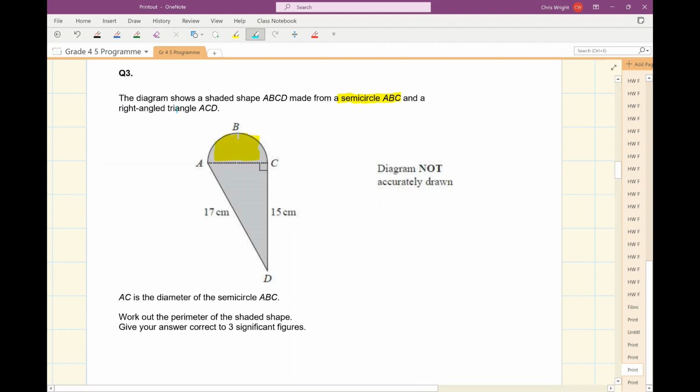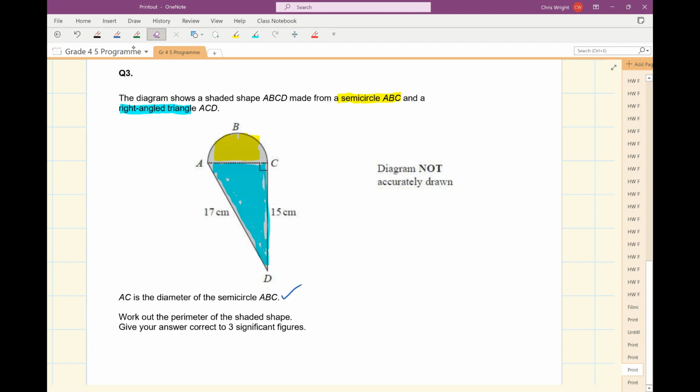And a right angle triangle. Here's the right angle triangle. Now, what does it say next? AC, that's this line, is the diameter of the semicircle. Yeah, well, it looks like the diameter, doesn't it? So that's good. Work out the perimeter of the shaded shape. Give your answer to 3 significant figures.